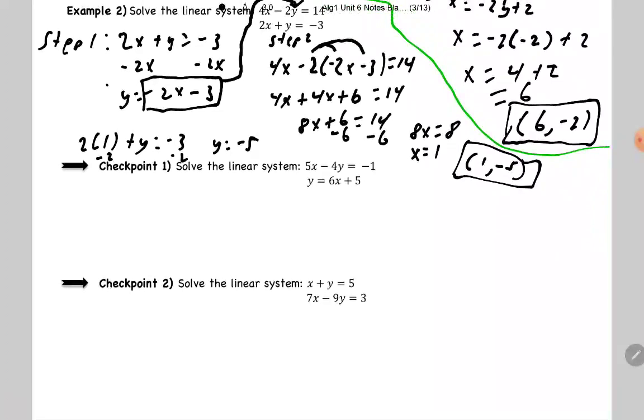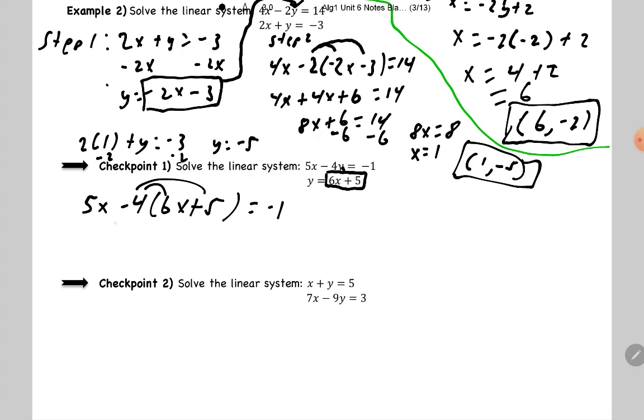Alright, let's do 2 more examples. So this first one, step 1 is done. The second equation already has y equals something. So I'm going to plug this in to the other y there in the first equation. So 5x minus 4 times y, which is 6x plus 5, and then equals negative 1.